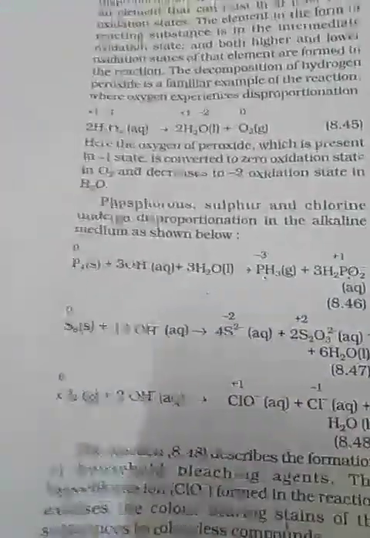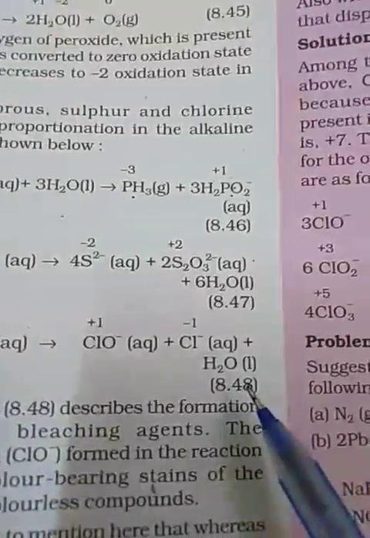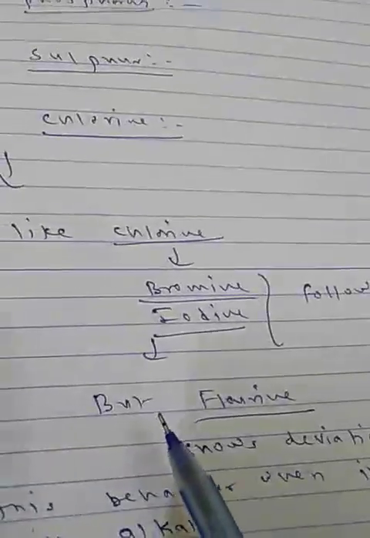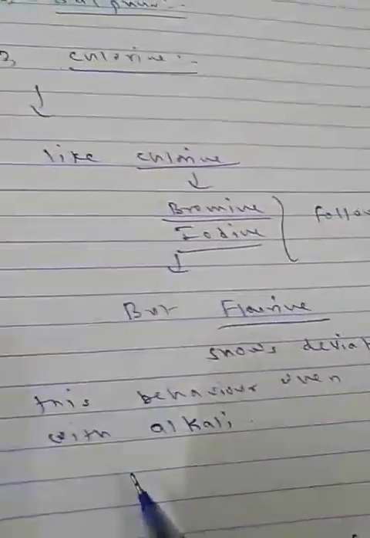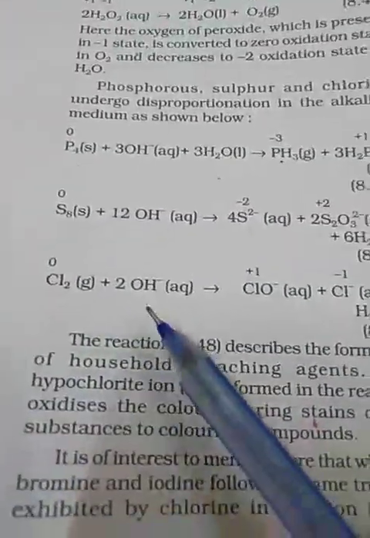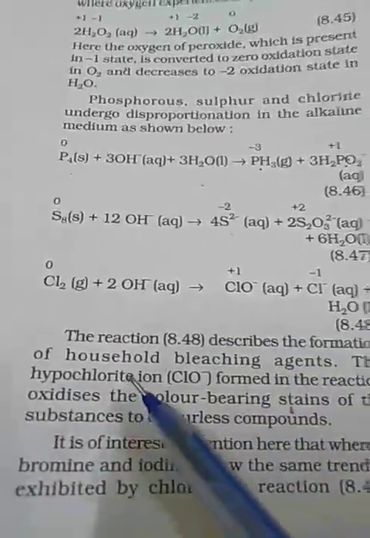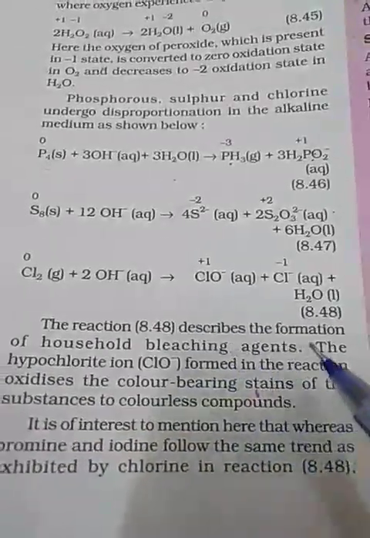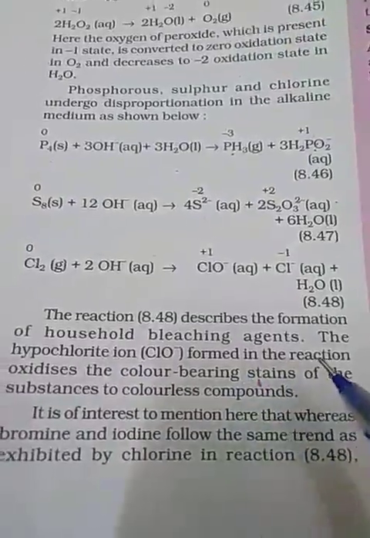Now, on the basis of reaction 8.48, chlorine, bromine, and iodine follow the same trend, but fluorine shows deviation in its behavior when it reacts with alkali. For chlorine, reaction 8.48 describes the formation of household bleaching agents.